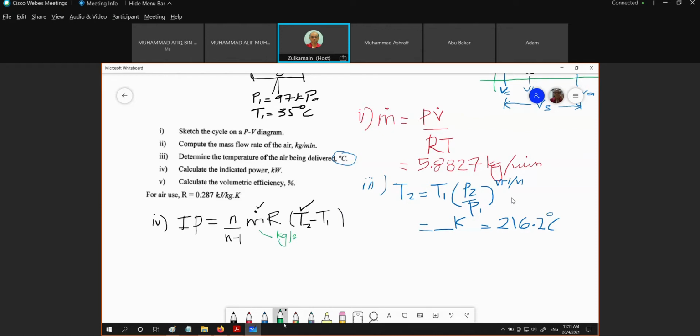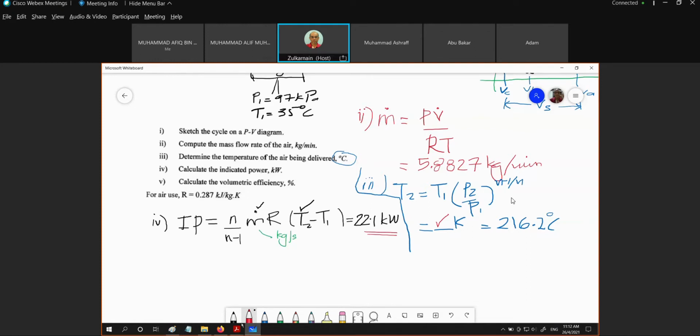Can you calculate for me what is the value of that? 2.08 kilowatt. So that is for number 4.